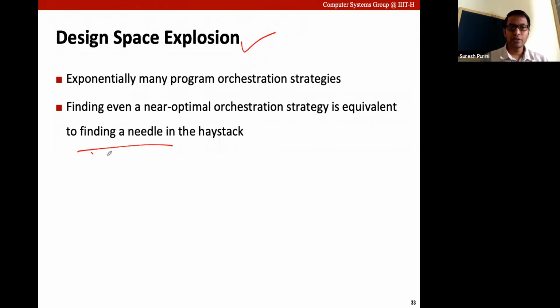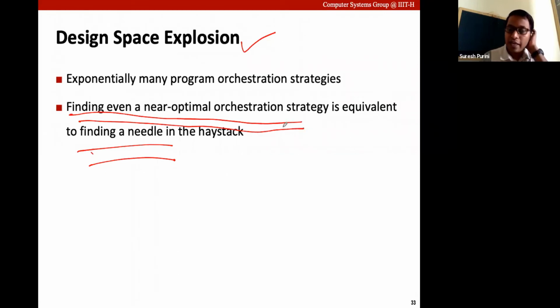So finding an optimal orchestration strategy is a very challenging problem, and this is where a lot of research in compilers is happening now. One specific area of research which we work on in the computer systems group is how we can use machine learning techniques.